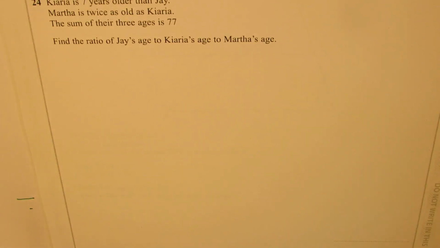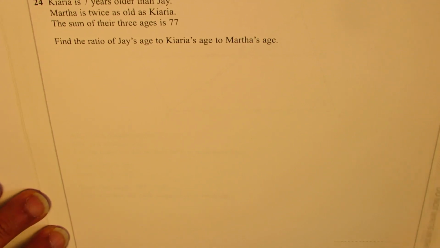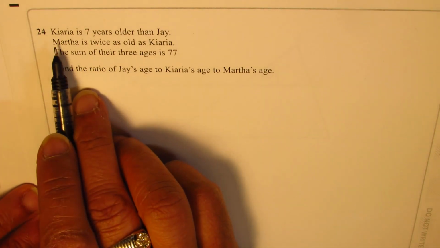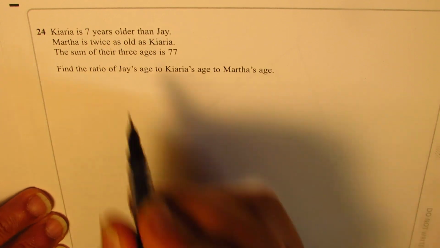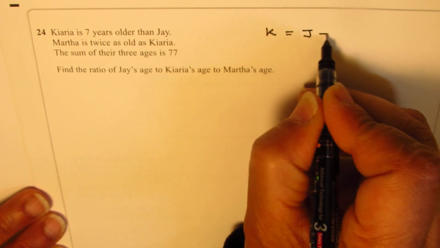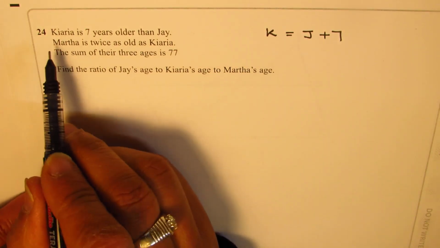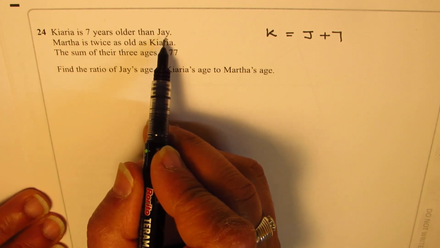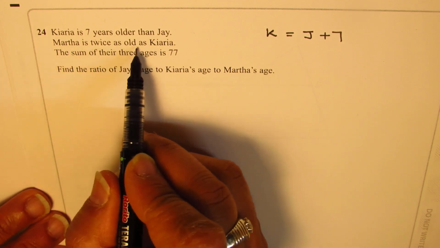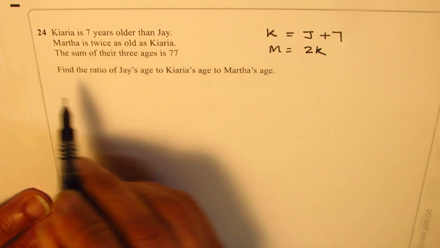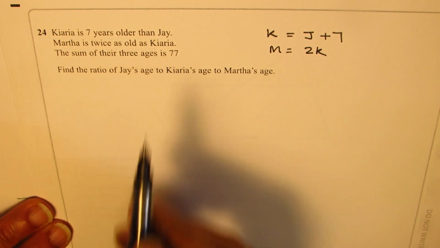Question number 24. This is a 4-mark question, okay? Let's see how to answer this. Carrier is 7 years older than J. So as you read, we can say K is J plus 7, where K is a variable defining the age of Carrier and J for J. Martha is twice as old as K. So Martha is twice K. The sum of their 3 ages is 77.